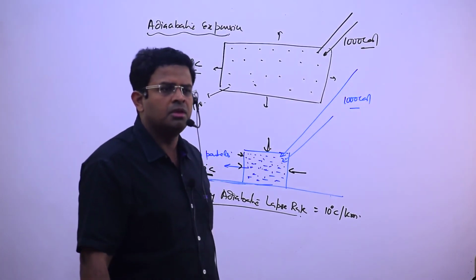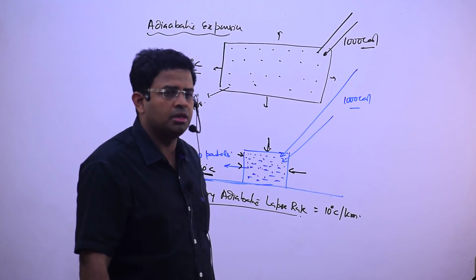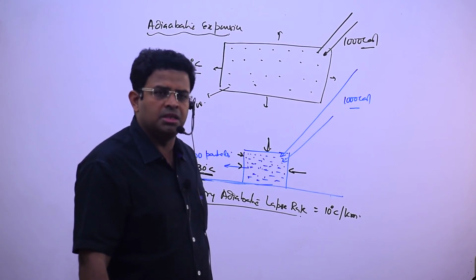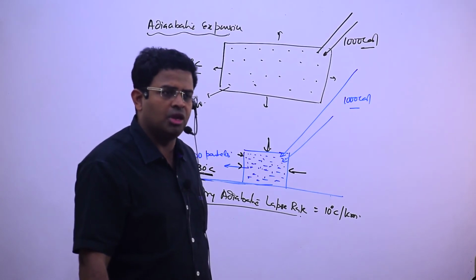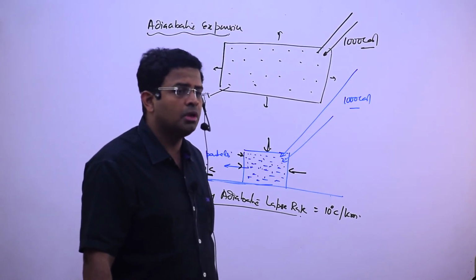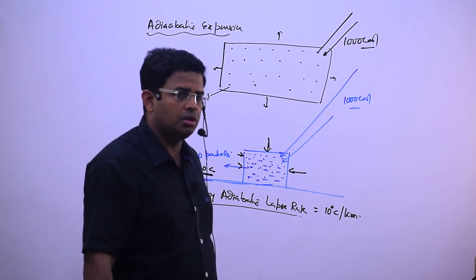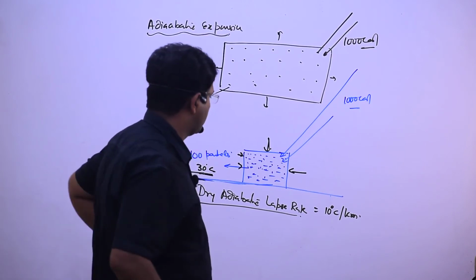Tell me. Dry adiabatic lapse rate. When the air is rising, when the air is ascending, the temperature decreases at every kilometer by which? 10 degrees Celsius per kilometer.